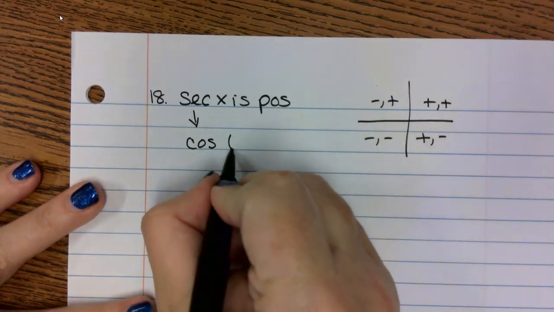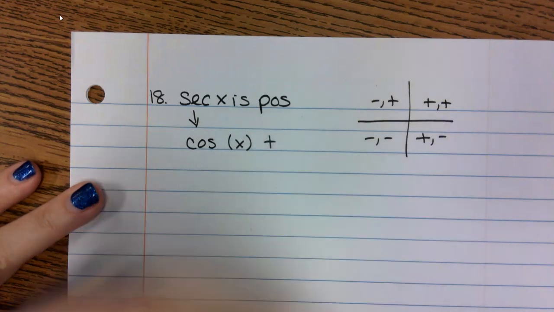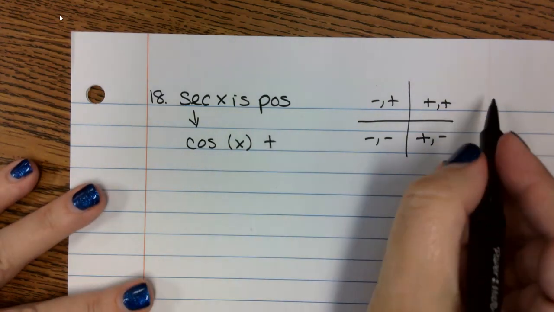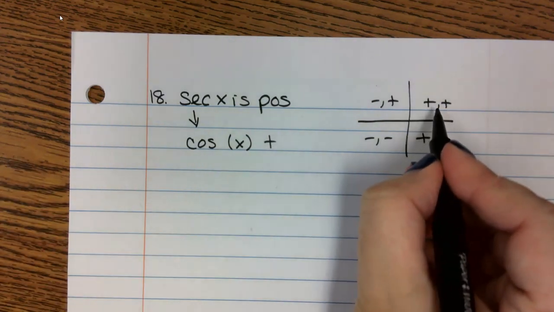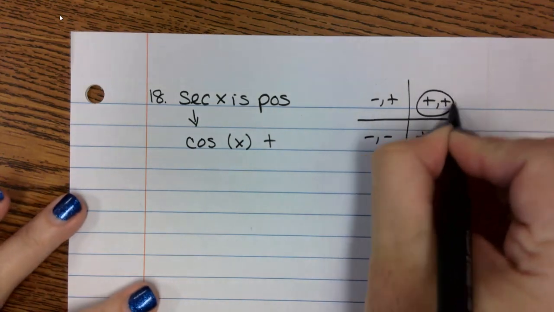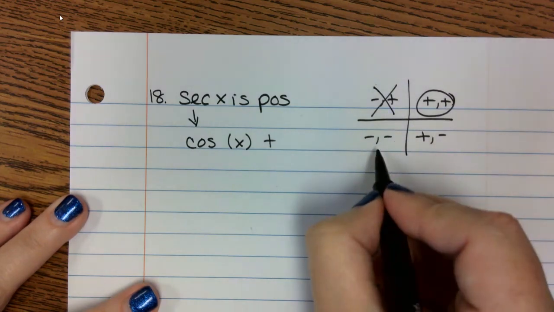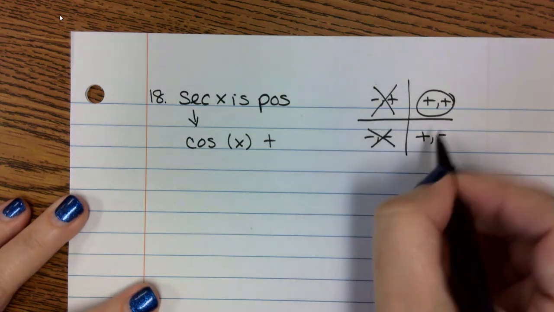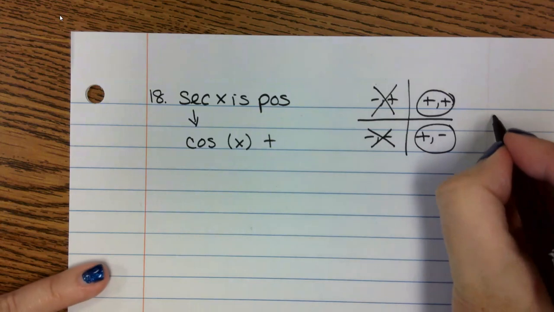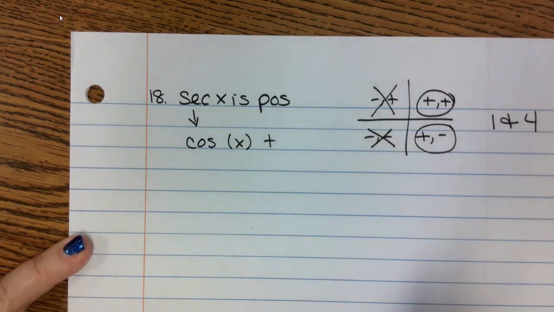Cosine is always my x value, and I want to know when it's positive. So, is my x value positive in quadrant 1? Yes. Quadrant 2, quadrant 3, and quadrant 4. So my answers are 1 and 4.